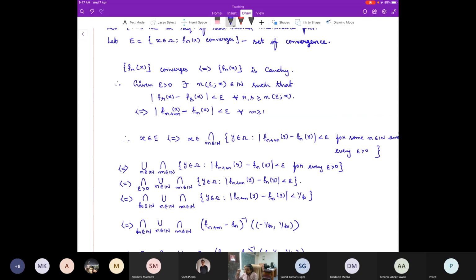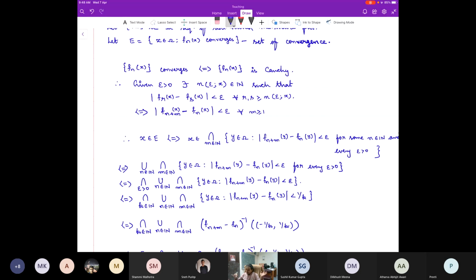Right. And therefore, this is the same as saying that, since this is true for some n, once you choose an m, this should hold for some n. We do not know which n it is. And therefore, you take the union over n in N. We do not know, so it belongs to one of these, right?